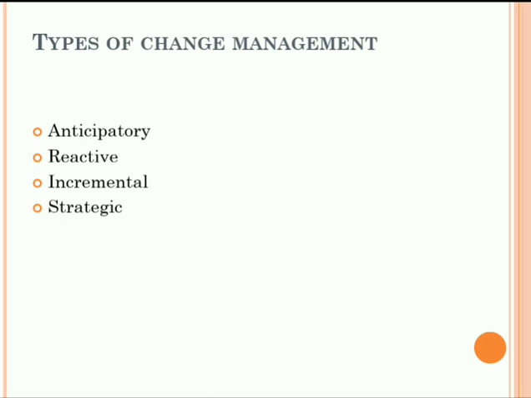Let us discuss the first type of change management, that is anticipatory. This type involves planning changes in advance of an expected situation. It means that if there is an expected situation where there can be a number of changes in a particular project, we can make the planning in advance.